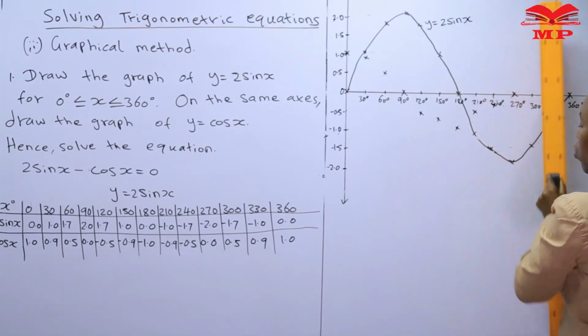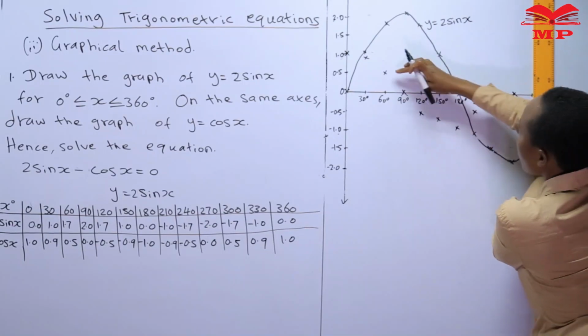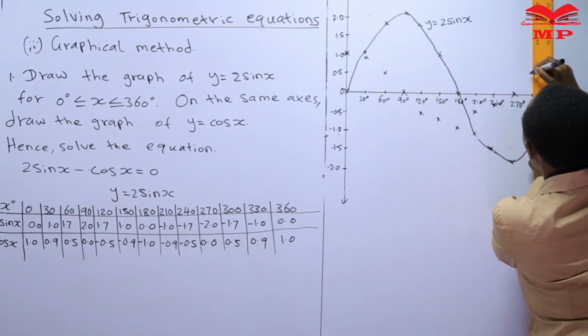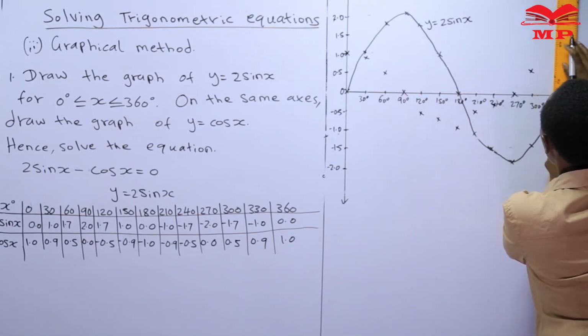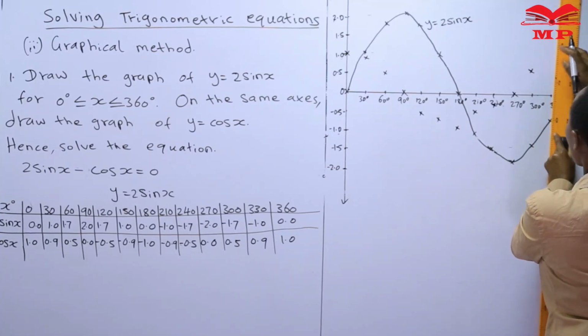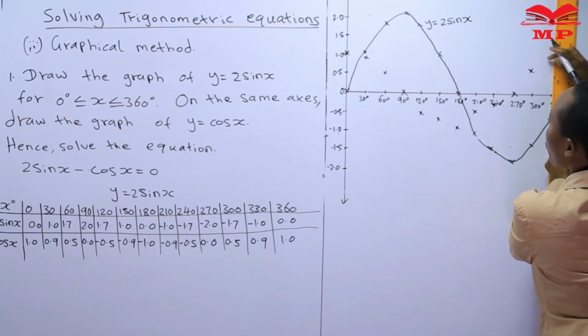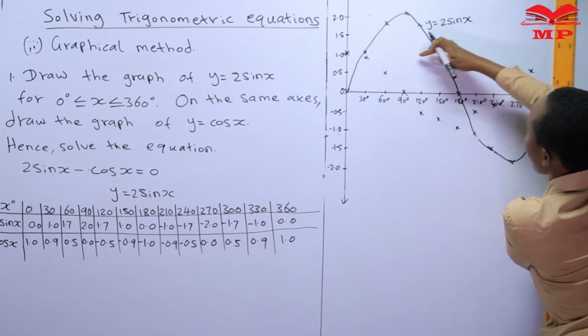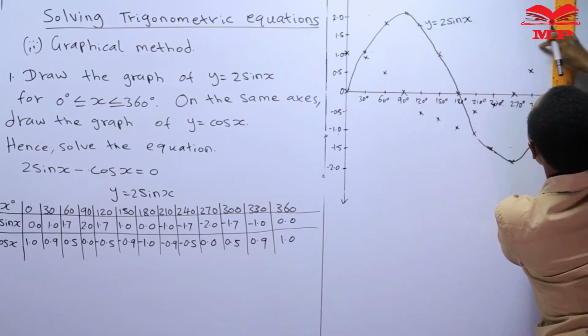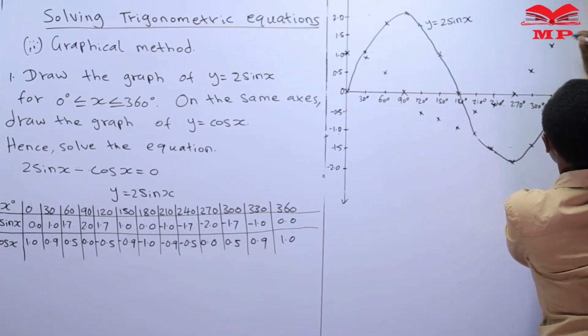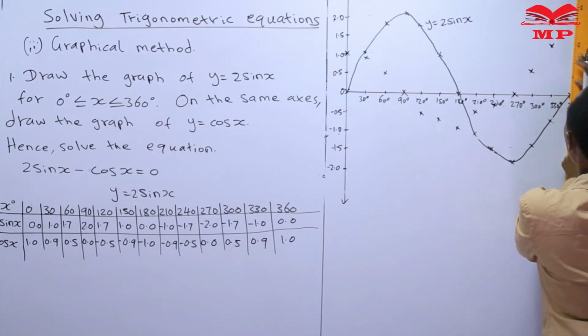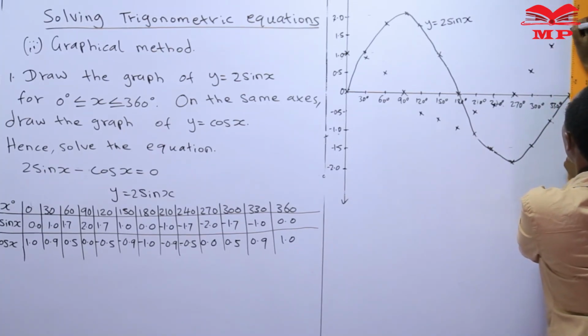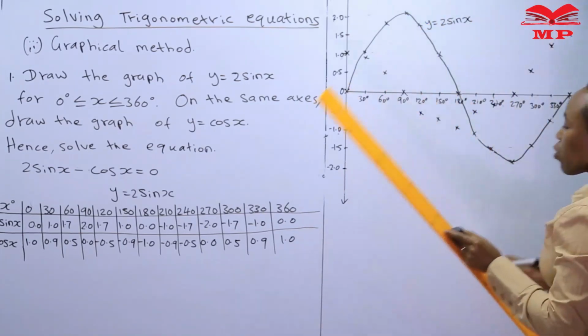Then 300, we have 0.5, which is somewhere here. Then we have 330, 0.9, somewhere here. And finally, we have 360, which is 1, which is somewhere there. So that's what we have.